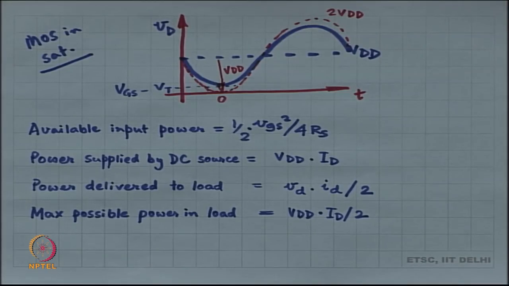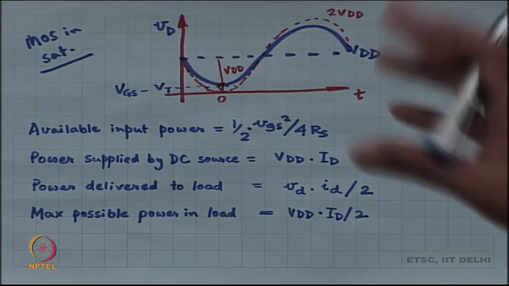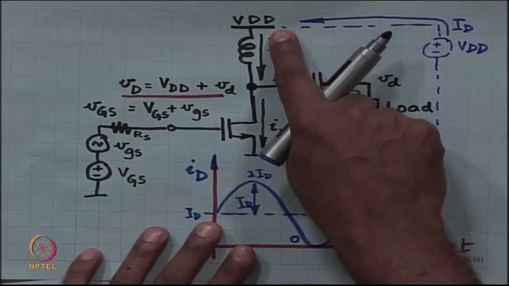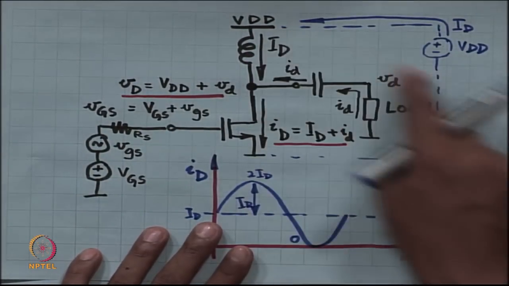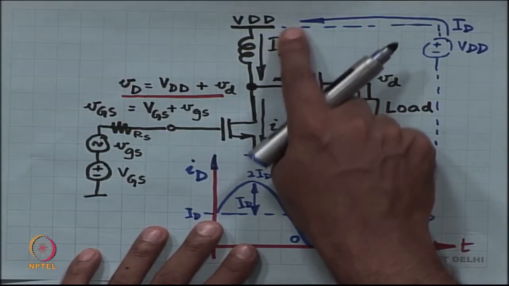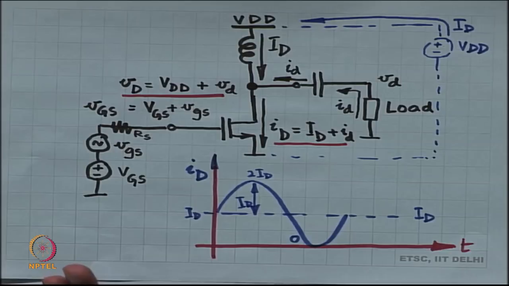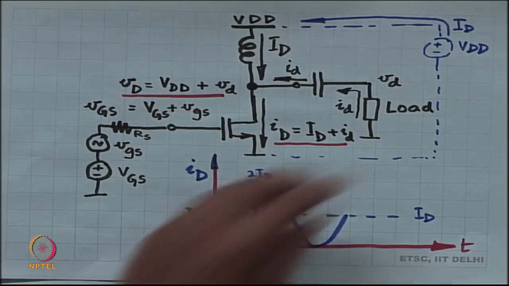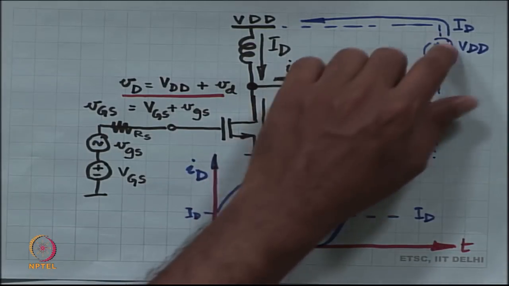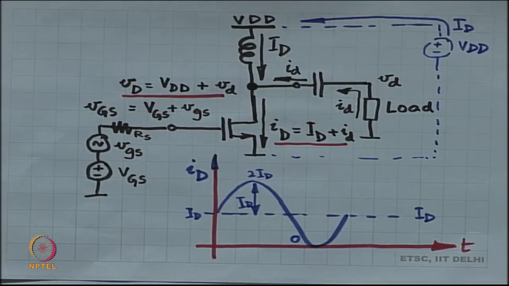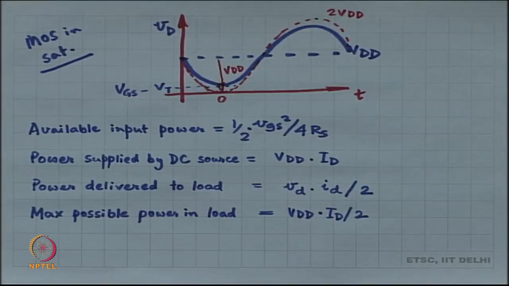Now, you can define efficiency as the amount of power that you have drawn from the power supply, right. You take that into account and you take into account how much power did you deliver to the load. Okay. So, power delivered to the load divided by power drawn from the power supply is defined as the efficiency.